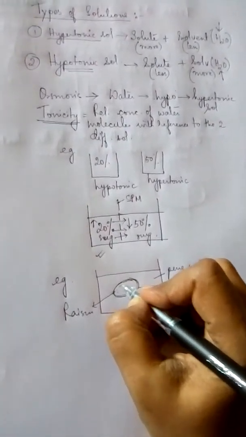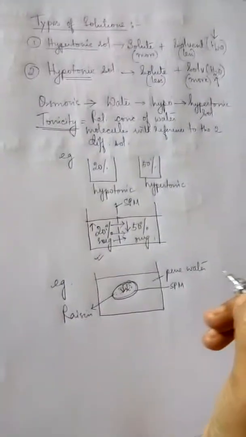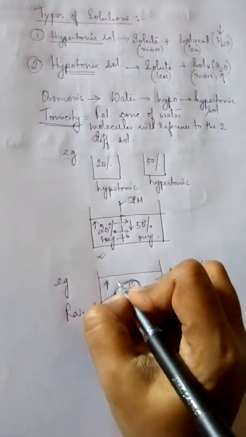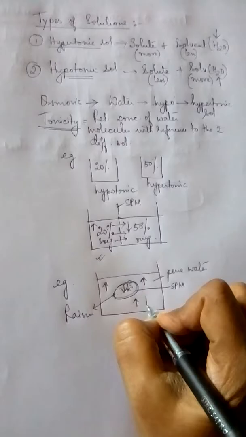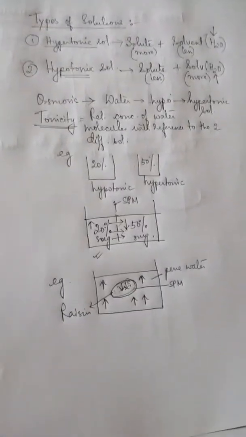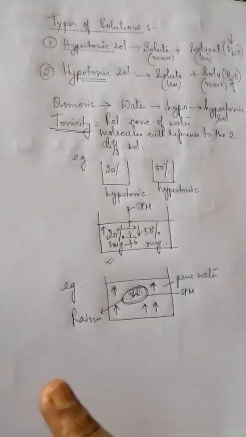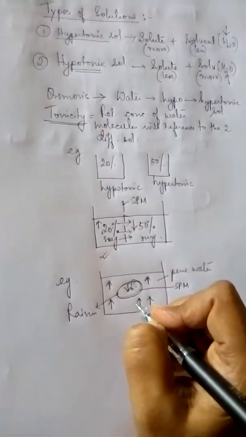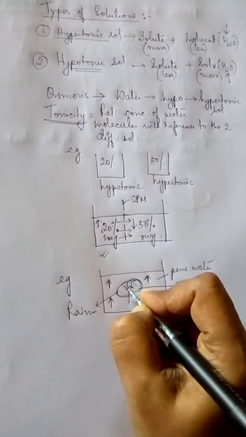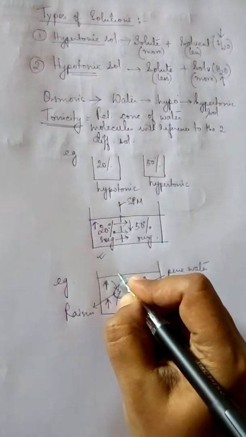So inside the raisin, the water concentration is very low compared to the water concentration outside in the beaker, which is very high. See, I am giving an up arrow and a down arrow to show that the concentration is low and high. So definitely osmosis will happen, and water will travel from the beaker into the raisin.